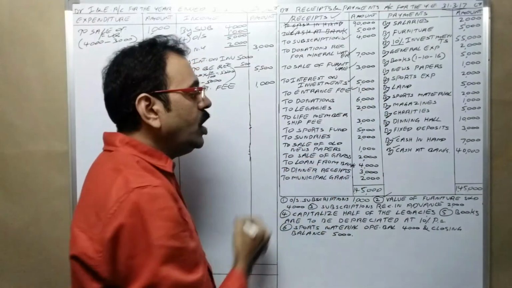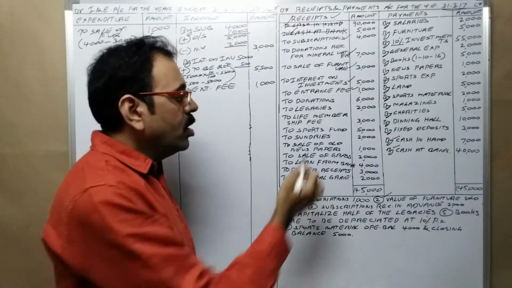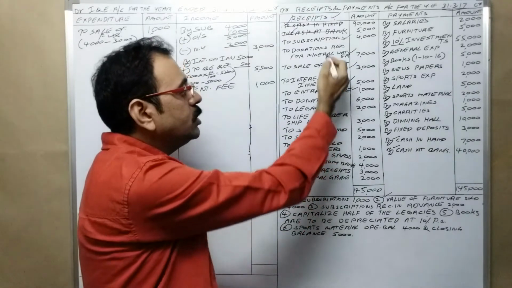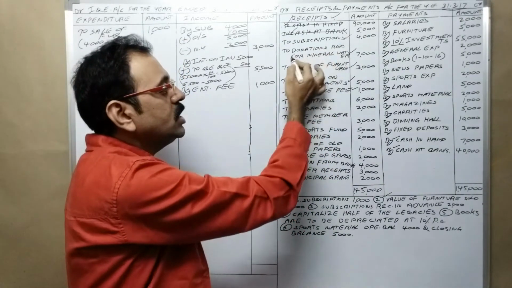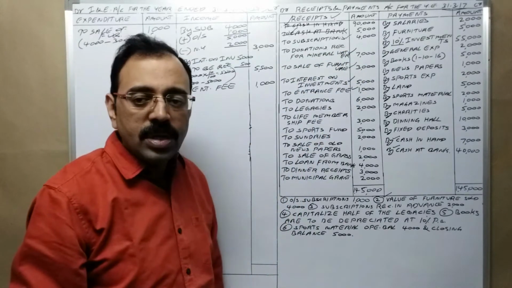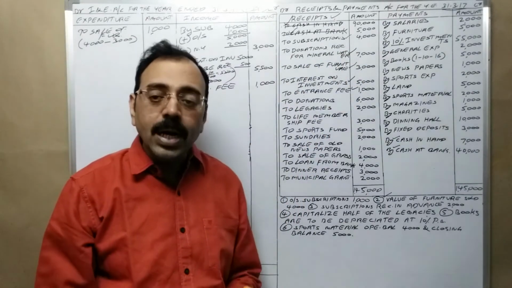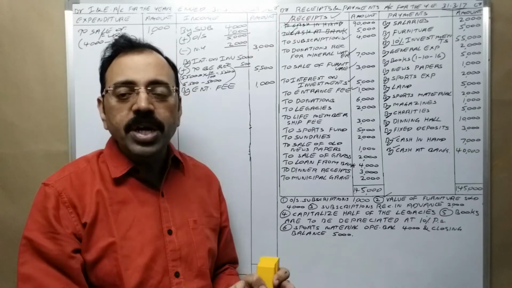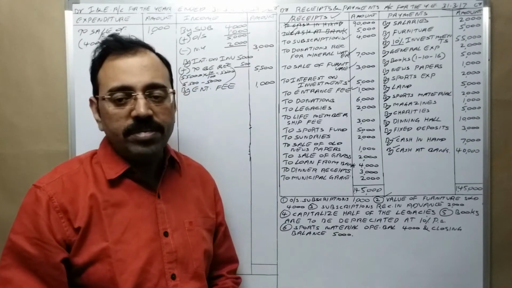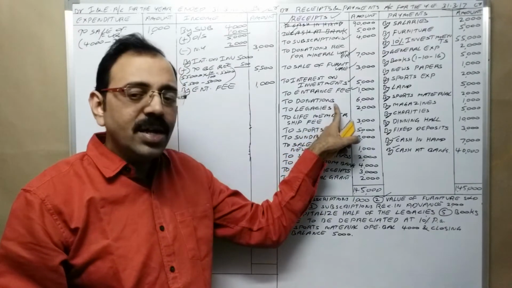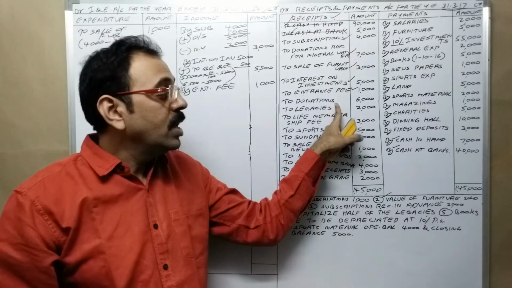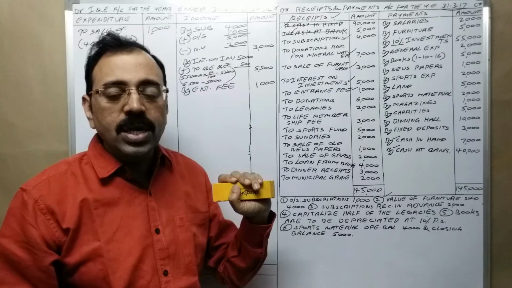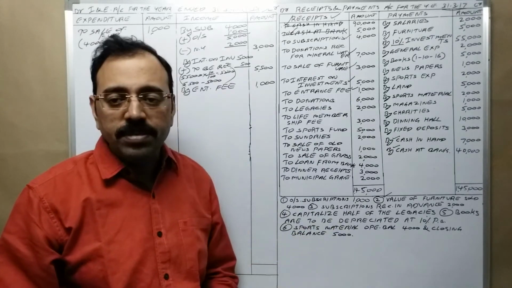Then the next one, donations. See, donations are of two types, no? General donation and specific donation. Observe here, donations received for mineral water. Since it is received for a particular purpose, we assume it as a specific donation. But is he giving it like that here? No. Only donations. What does that mean? These 6,000 rupees we can use for any purpose.